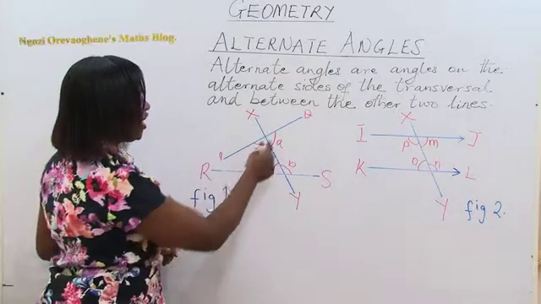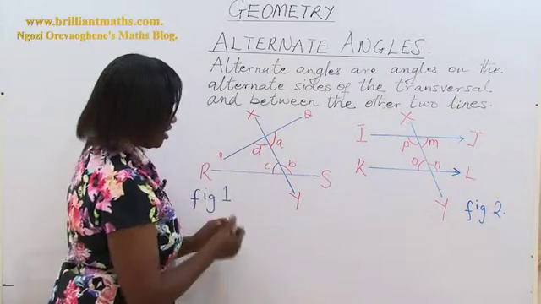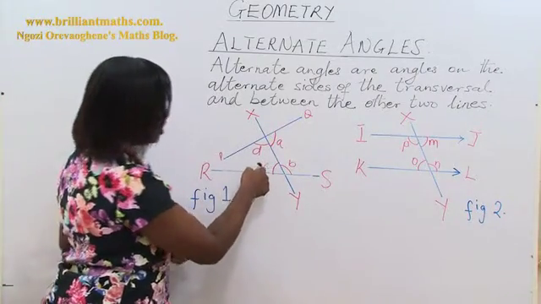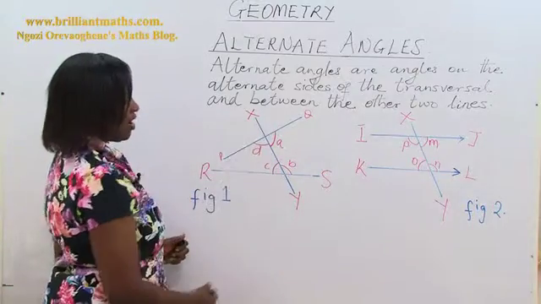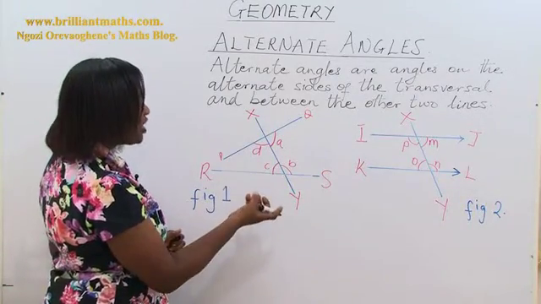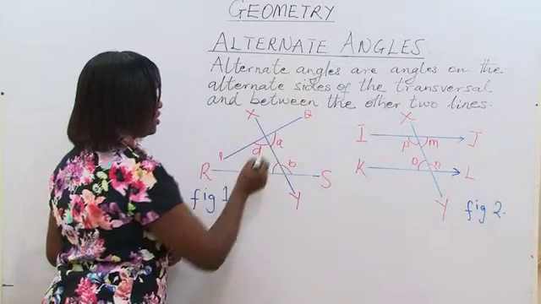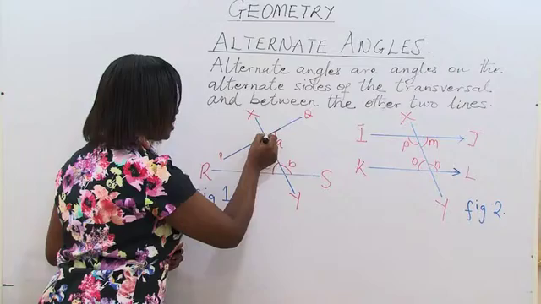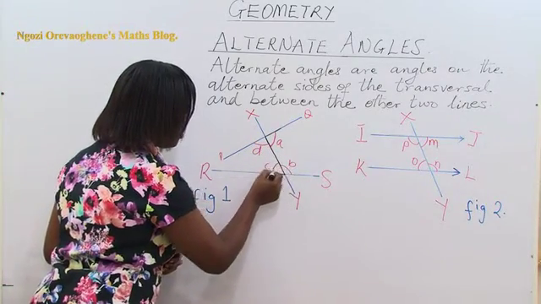We say that they lie on the alternate side. So angle A is here, and angle C is on the alternate side of the transversal. The transversal is XY, and they are between the other two lines. So it actually forms a Z shape.